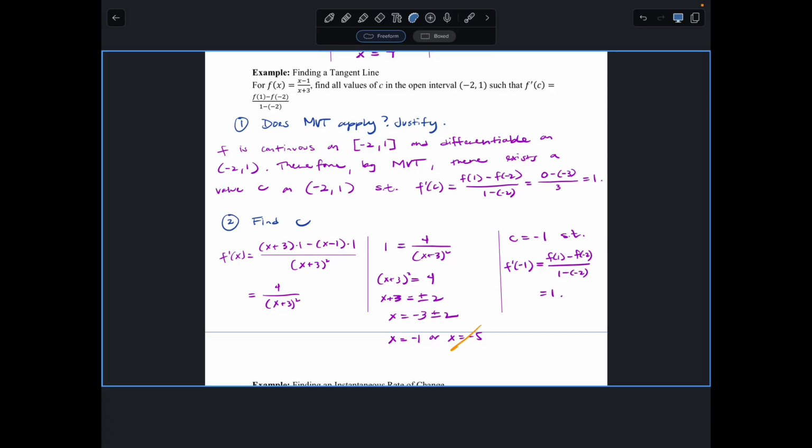Continuous. Therefore, we do this, right? Wait, I know what it is. Like you find the derivative. Wait, what's the definition?